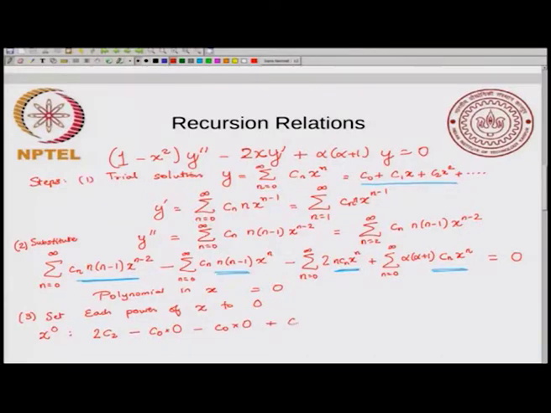So, you have plus C0 alpha plus 1 equal to 0. What we did is we equated the coefficient of x raised to power 0 to 0. It gives you the very nice relation: C2 equal to minus C0 alpha plus 1 divided by 2. So, this is a relation between C2 and C0.